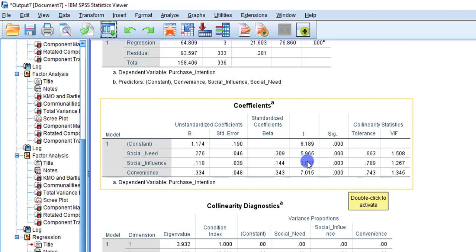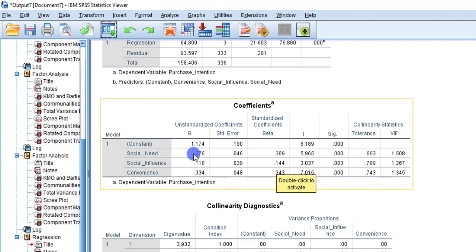So you can use t-stats or the significance level as you want. The difference between unstandardized and standardized beta I already explained. There is no change in the relationship, but you can see the change in the values, because in the standardized coefficient we are dividing unstandardized beta by the standard error.